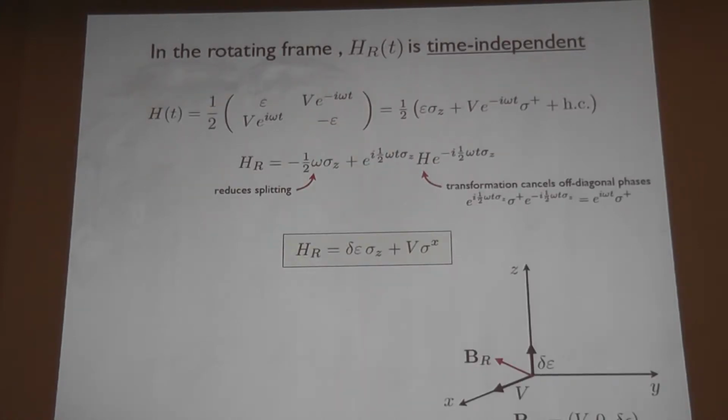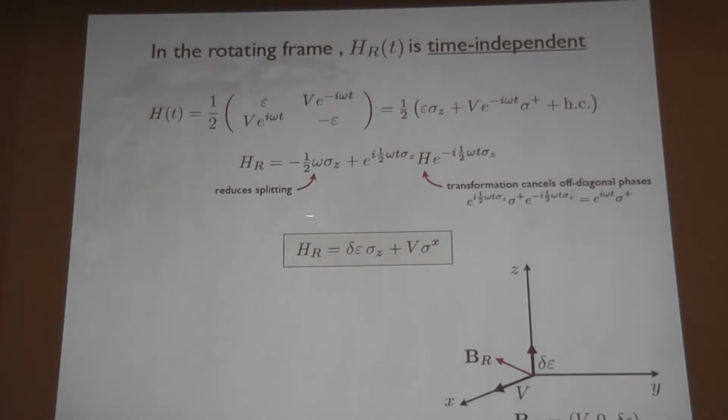Okay, so the key feature is that for this problem of a rotating field, in the rotating frame, this Hamiltonian H_R doesn't depend on time anymore. And then it becomes a simple problem, because we know how to solve problems where the Hamiltonian doesn't depend on time. That's what we spend all of our education learning how to do.